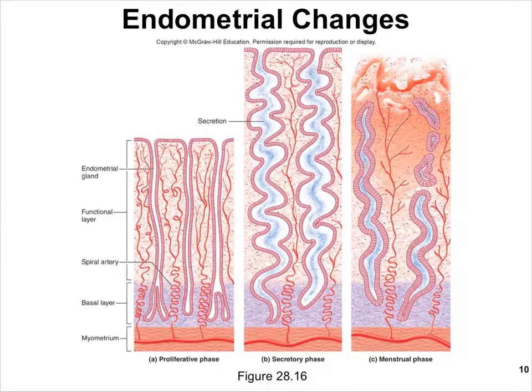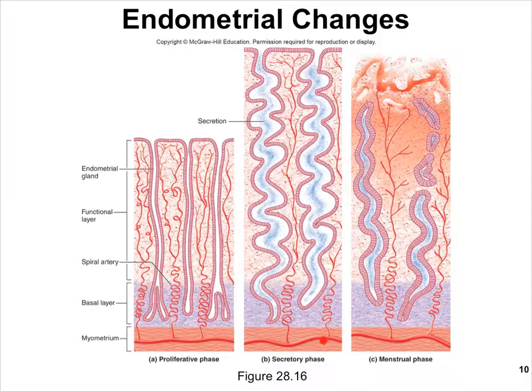The endometrium is epithelial tissue, some connective tissue, and lots of blood vessels called spiral arteries. And the reason why you make these arteries as spirals will become apparent in just a second. There's also glandular tissue in here.